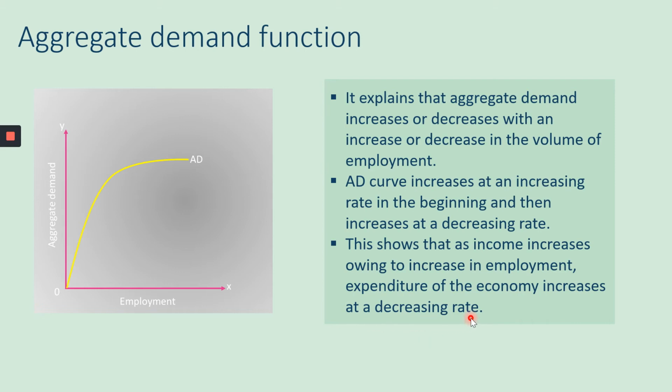Hope you understood this clearly. As employment increases, your income increases, your demand also increases, but the expenditure does not increase as much as your income increases. The expenditure of the economy increases at a decreasing rate.